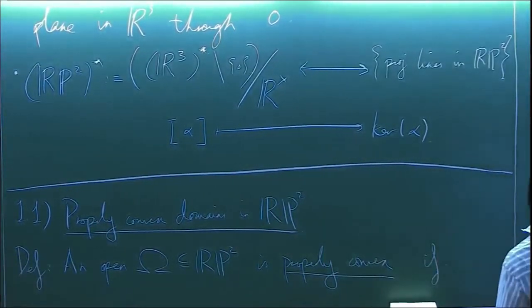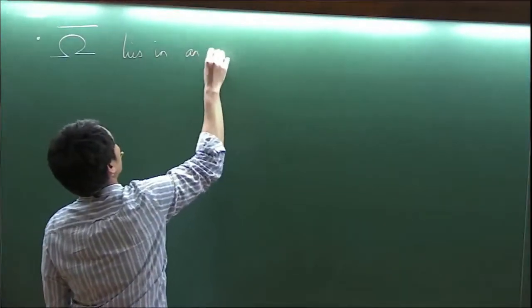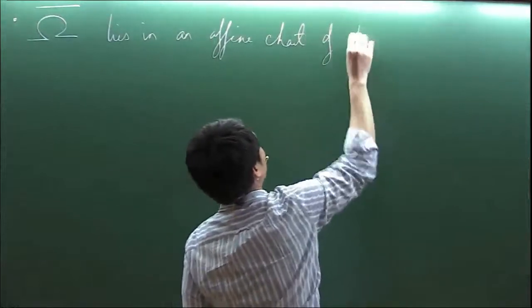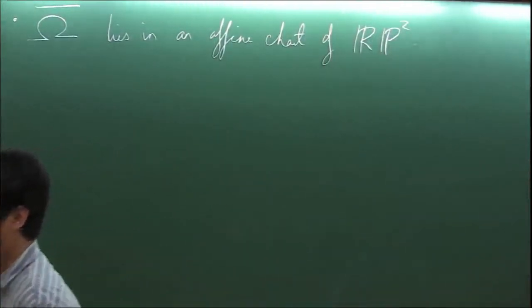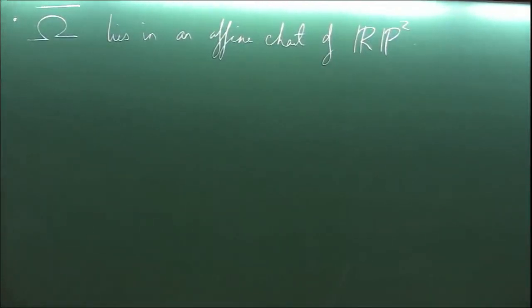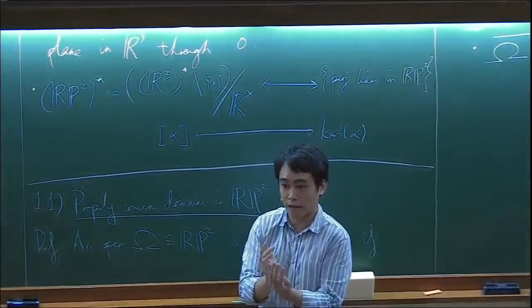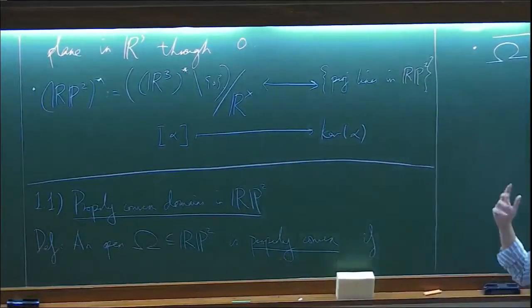First, the closure of omega inside of RP2 lies in an affine chart of RP2. And what is an affine chart of RP2? As I said, it is just the complement of a projective line inside of RP2. So when you take RP2 and you remove a projective line, what you get is something left that is homeomorphic to R2. But our affine chart again is not just a topological space; it has some geometry there.